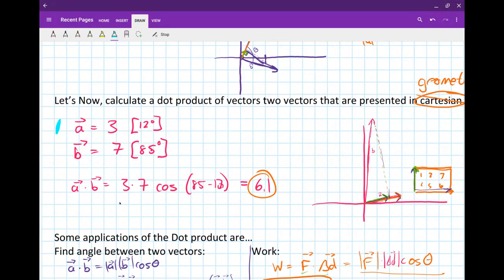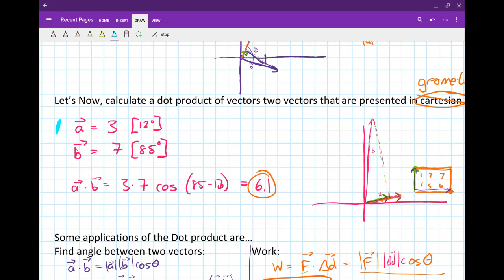So A dot B would be 3 times 7 times the cosine of 85 minus 12, the difference between the angles, remember, because theta is the angle formed by A and B. The difference is 73 degrees. You calculate all that out and you end up with 6.1.